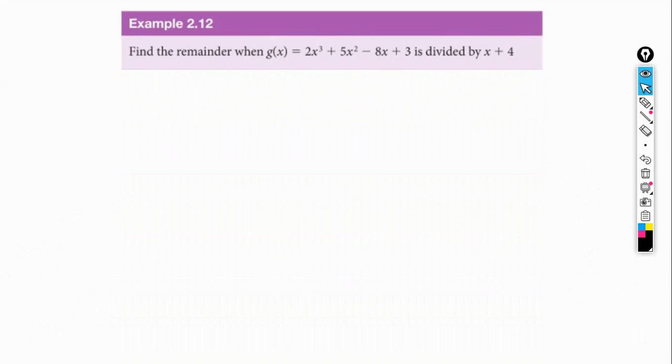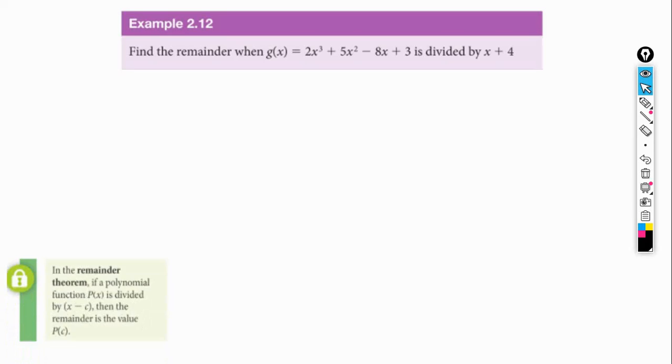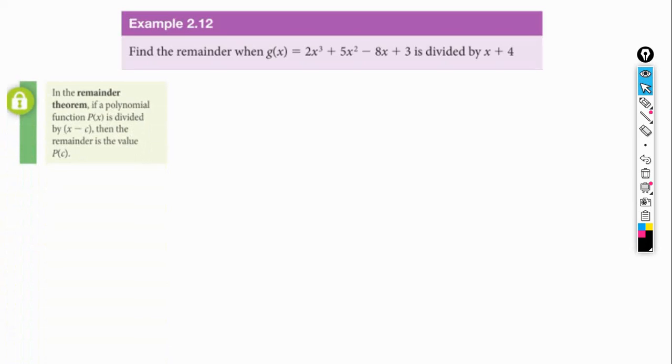So next we're going to do example 2.12, and it says find the remainder when g of x is equal to 2x cubed plus 5x squared minus 8x plus 3 is divided by x plus 4. So something that is very useful here is something called the remainder theorem, which states that if a polynomial function p of x, as you can see here, is divided by x minus c, then the remainder is the value p of c.